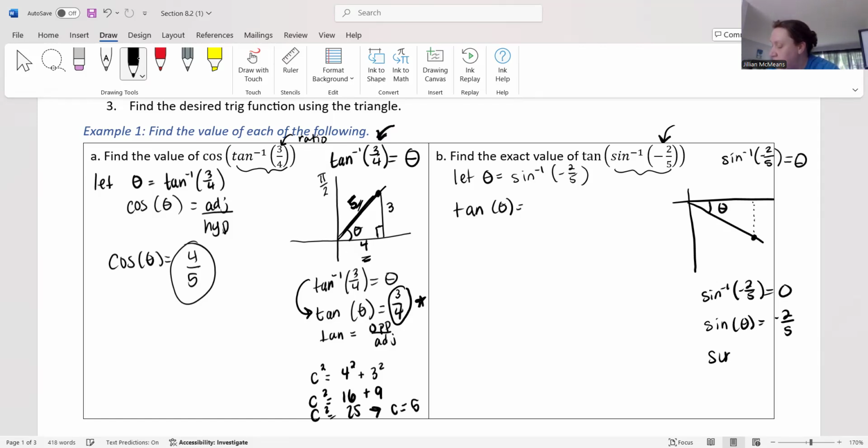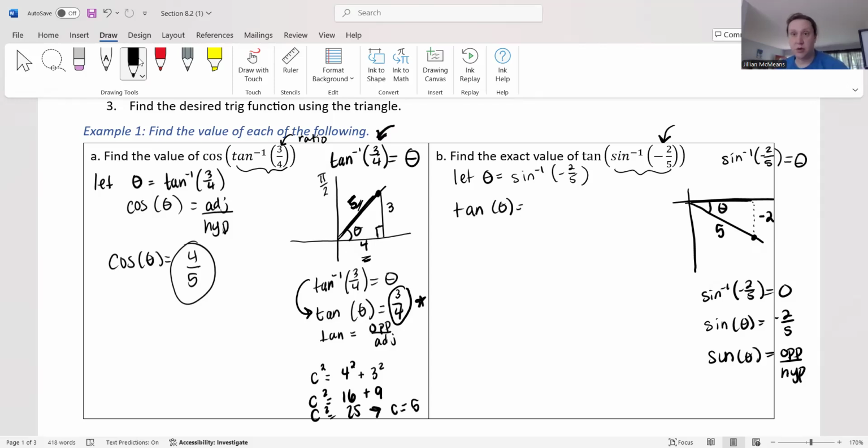And remember, sine of theta is always the opposite side over the hypotenuse. So the side opposite of theta has to be -2, and then my hypotenuse has to be 5. So what I need to figure out is this missing side, which is the side adjacent to theta.